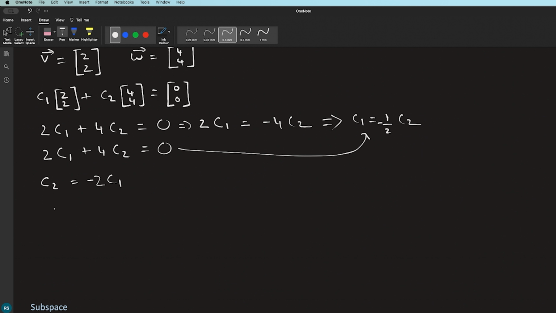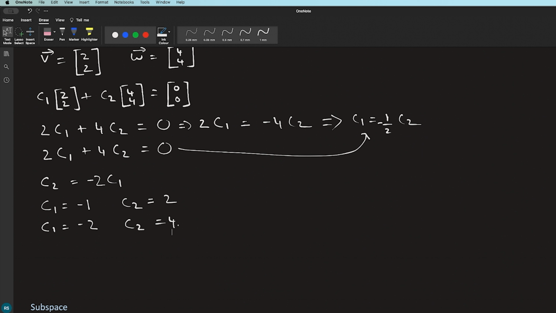For example, if c1 equals minus 1, then c2 equals 2. If c1 equals minus 2, then c2 equals 4. So we can say that these two scalars are non-zero.